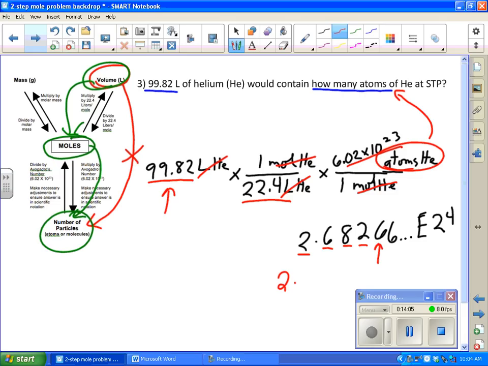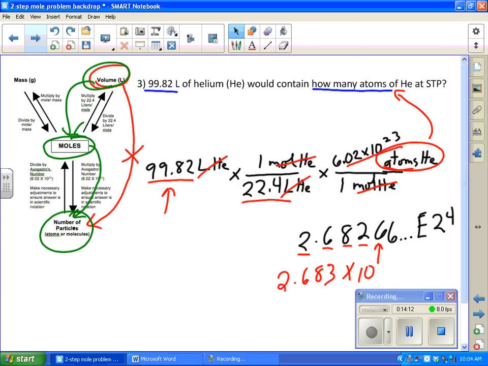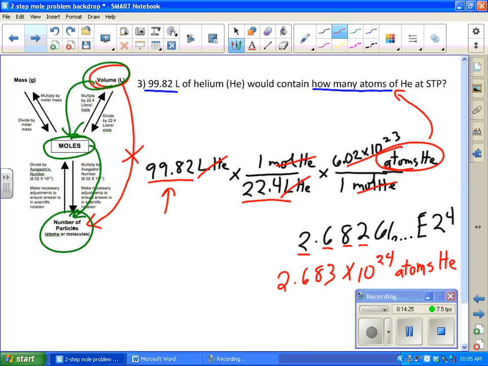So our final answer is 2.683 times 10 to the 24th. And our units are atoms of helium, He. This, ladies and gentlemen, is your final answer.